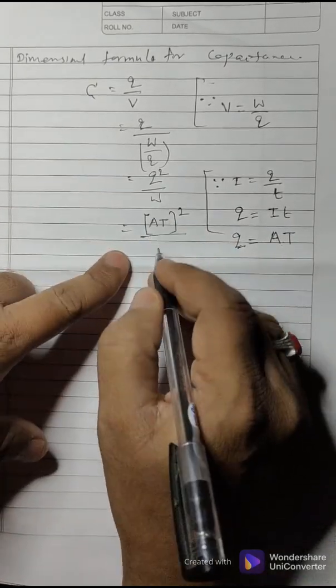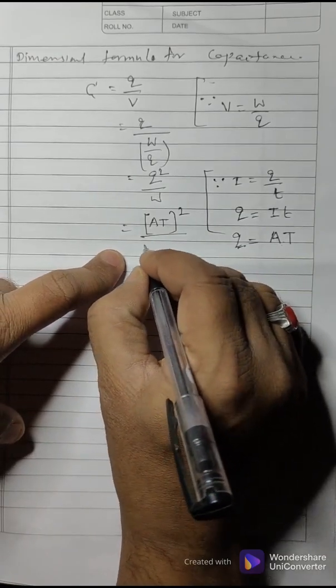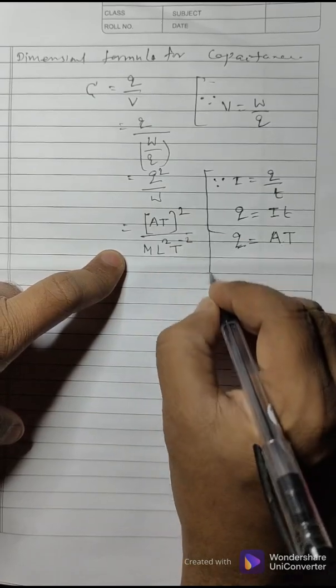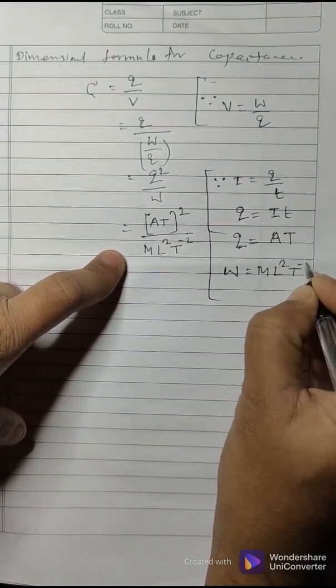Whereas W is work. For work, we know the dimensional formula is M L squared T power minus 2. Substituting these two, we get A squared T squared divided by M L squared T power minus 2.